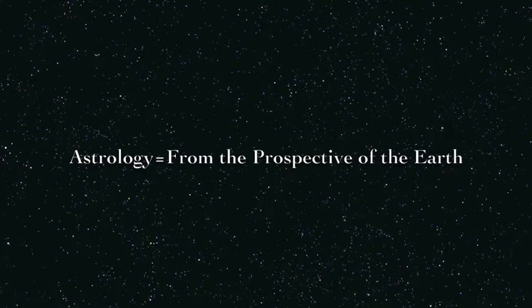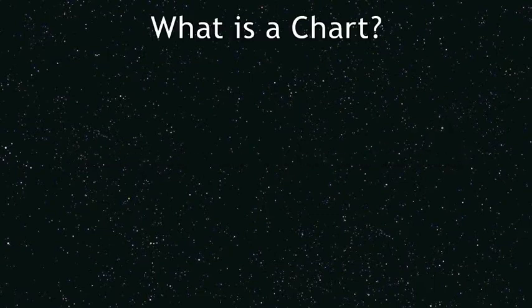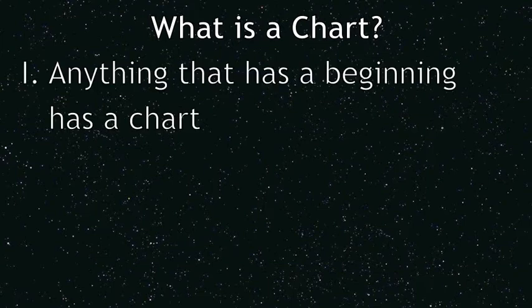So now that we know what astrology is, it's time to ask that other big question. What exactly is an astrological chart? And in order to answer this question, we need to break it down. When it comes to charts, the first thing we have to know is anything that has a beginning has a chart. I know this sounds confusing because when we think of astrology charts, we usually think of our natal charts or the astrology charts of when we were born.